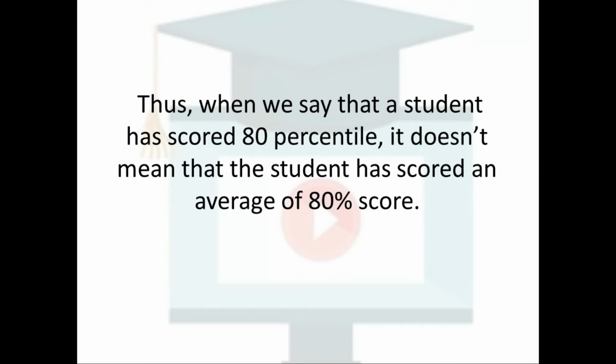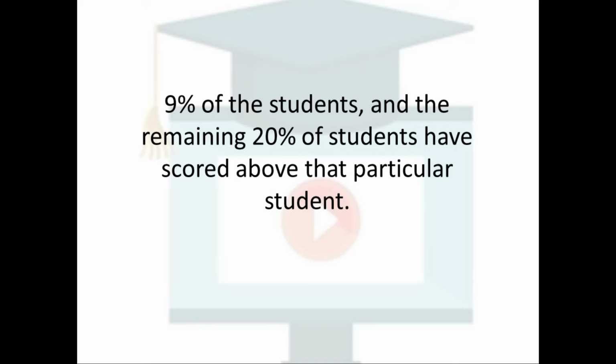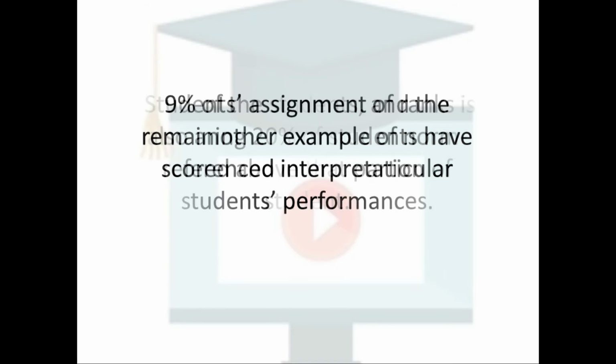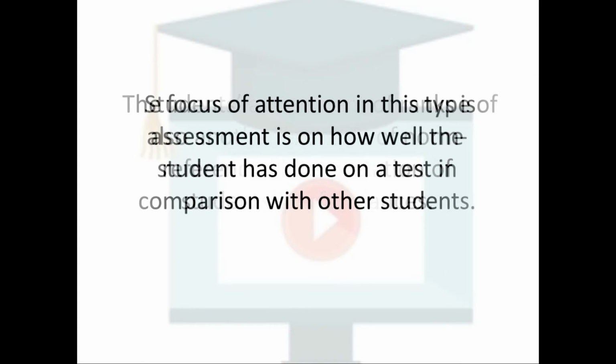Thus, when we say that a student has scored 80 percentile, it doesn't mean that the student has scored an average of 80% score. Rather, it is meant to be that the student's average score stands above 79.9% of the students, and the remaining 20% of students have scored above that particular student. Students' assignment of ranks is also another example of norm-referenced interpretation of students' performances.